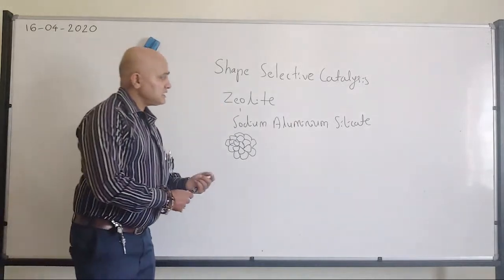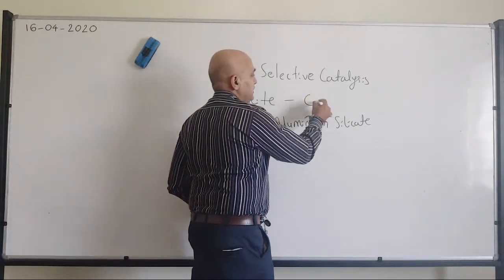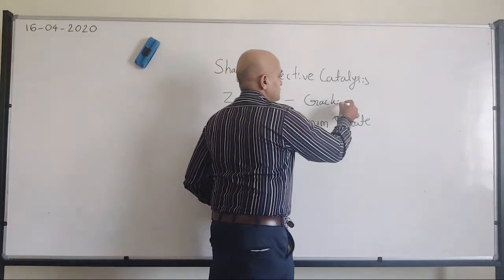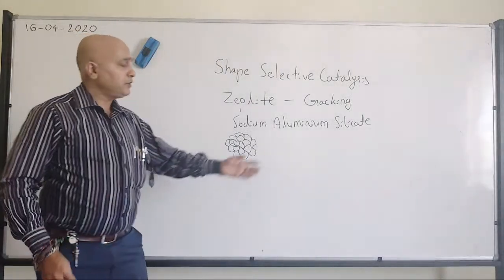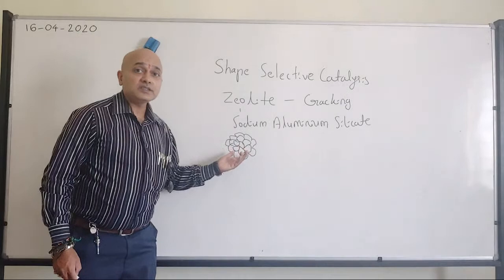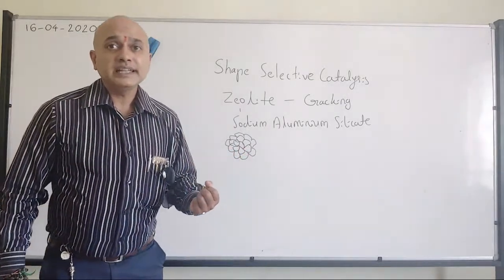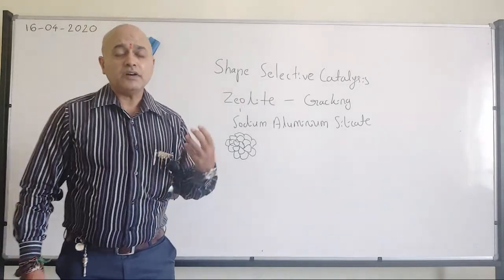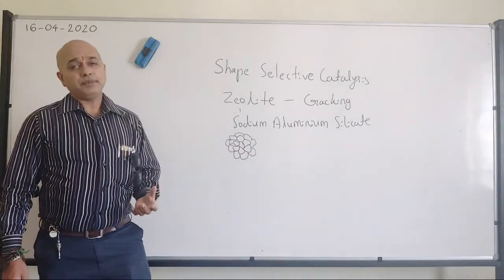Zeolite can also be used in the cracking of hydrocarbons or petroleum products. There also, based on the size of the molecule, it can accommodate those molecules in its crevices or pores, and that's where the reaction will happen.